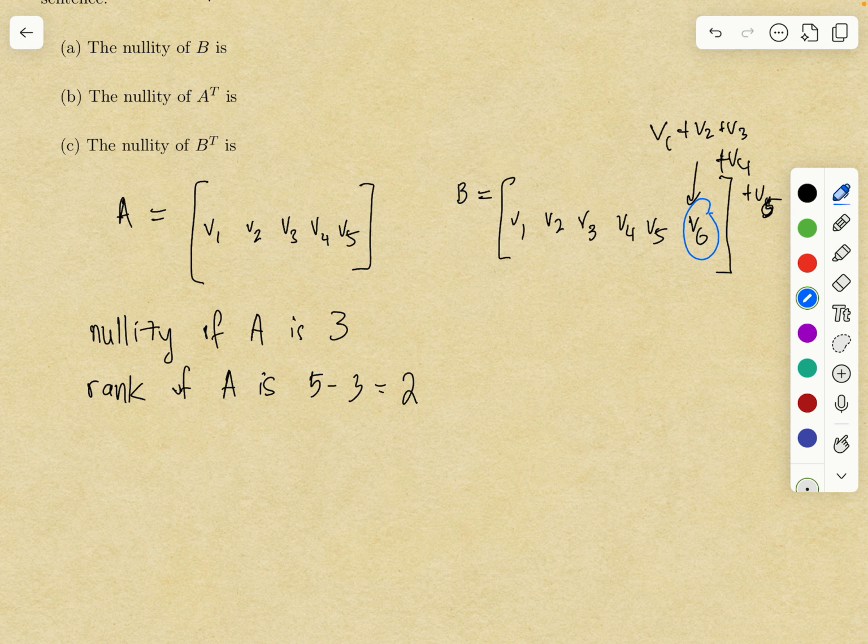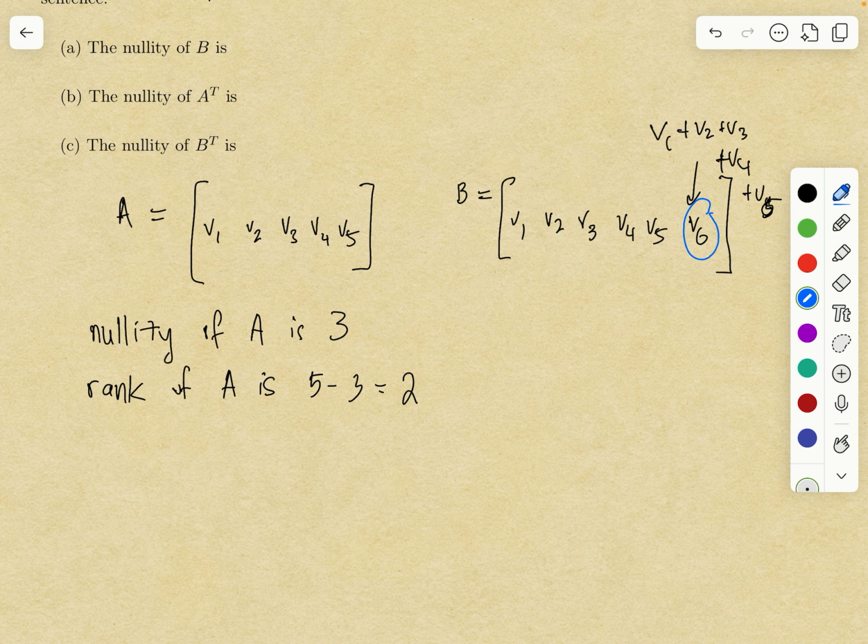So if you start off with the matrix A, it has 5 columns, and then you make a new matrix B with 1 additional vector, then the rank is either going to stay the same or it's going to go up.